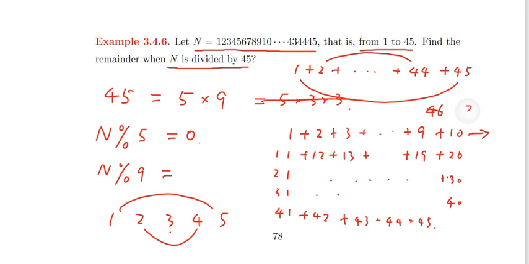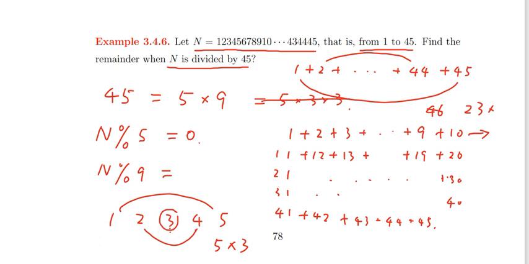Okay, 23. So how many 23? Actually, we can use the middle one. Here 1 plus 2 plus 3 plus 4 plus 5 equals 5 times 3, like 3, 3, 3.